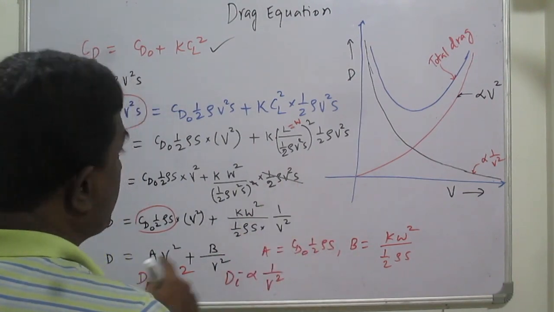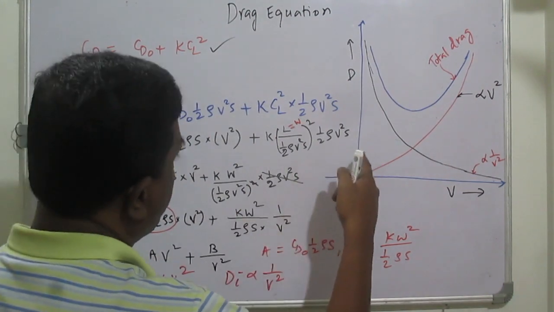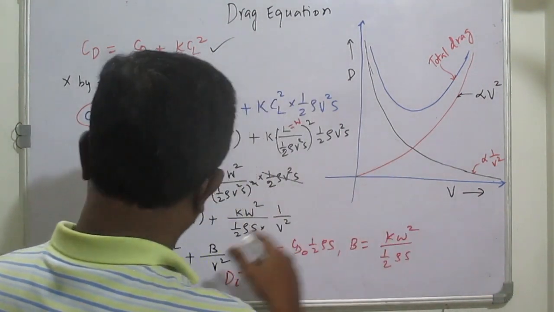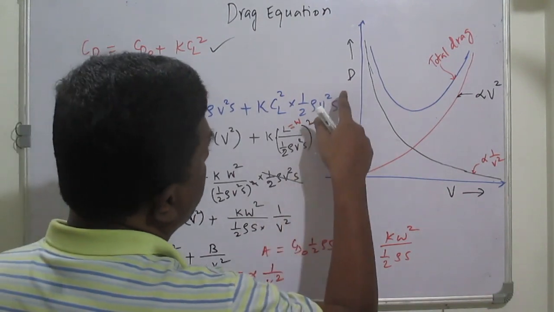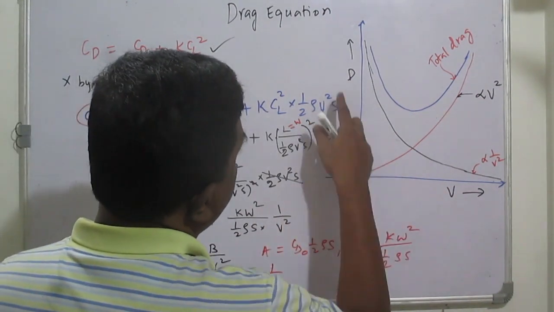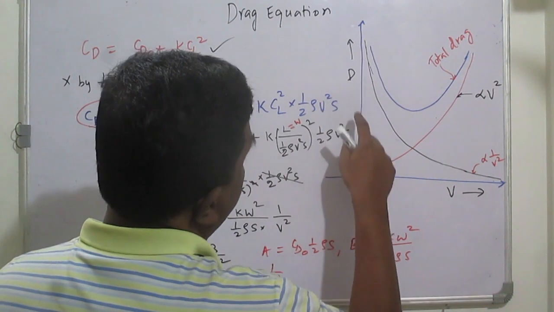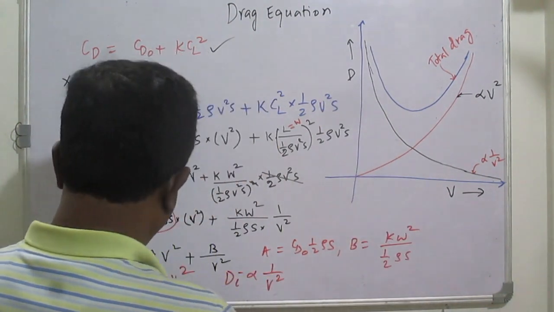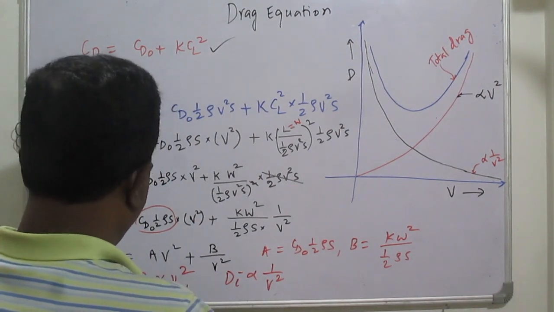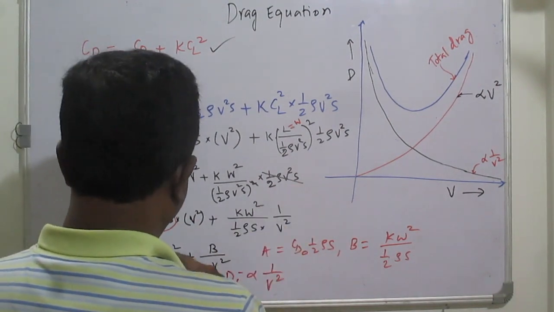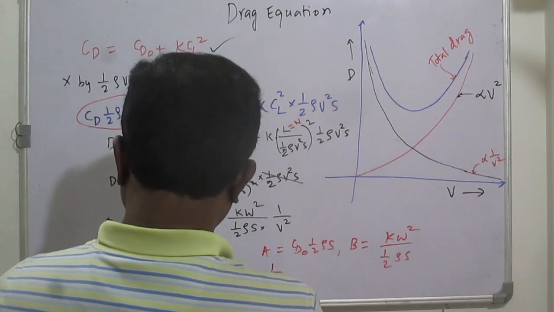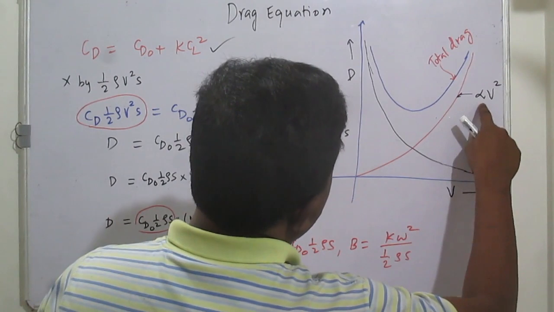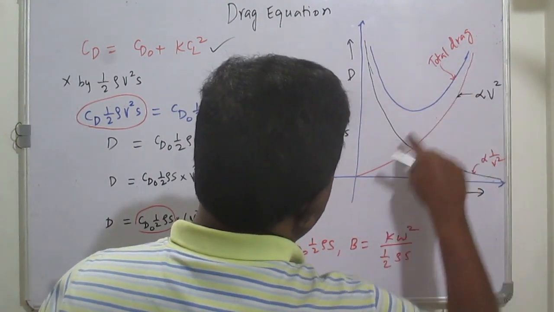Now we can see how these terms are represented in the graph. We have drawn the graph with drag D on the vertical axis and velocity on the horizontal axis. As we have seen, parasite drag increases with the square of velocity, so it will be like a parabola.